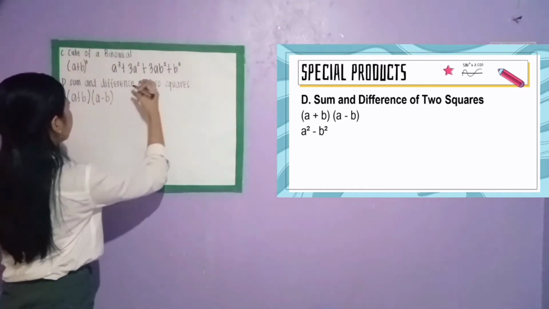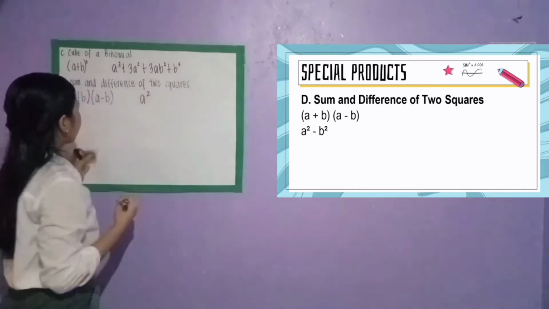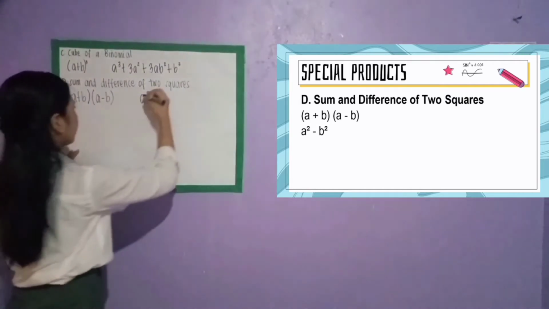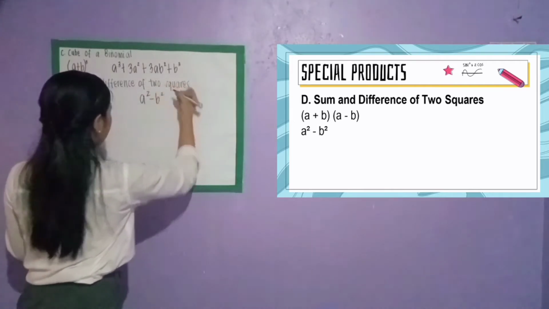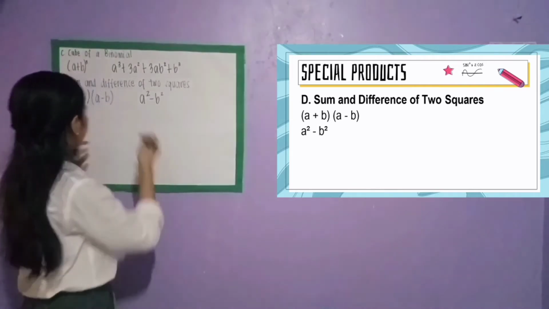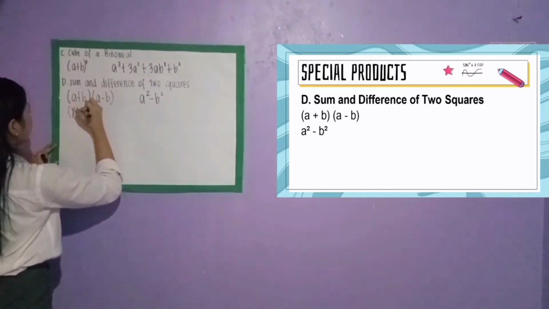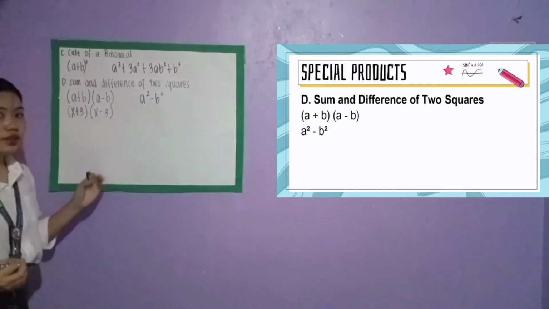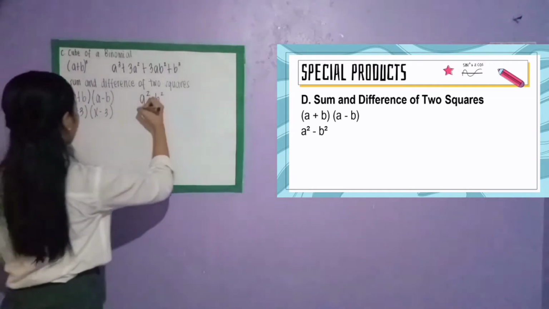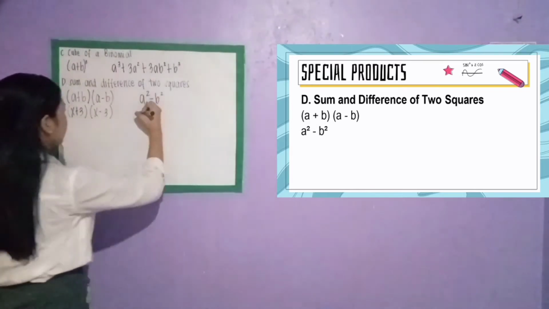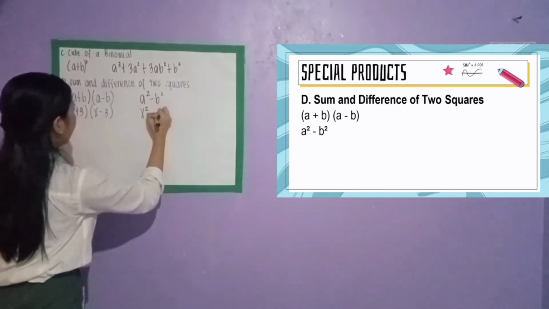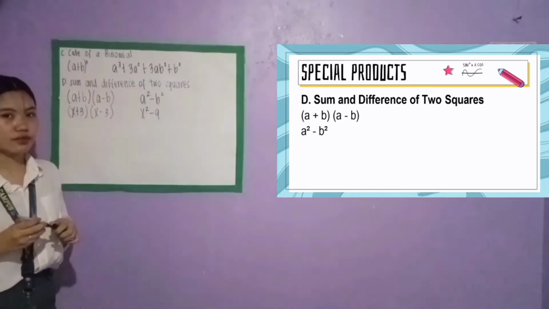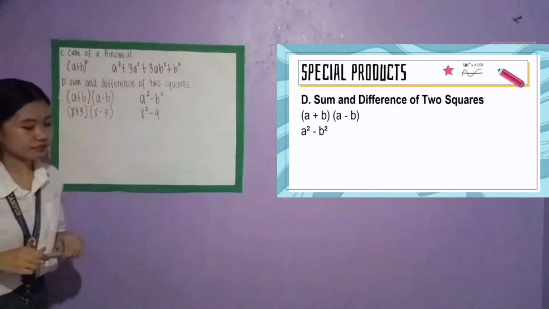To get the answer, square the first term, that would be a squared, minus the square of the second term, which is b squared. So that's it. So let's say x plus 3 times the quantity of x minus 3. So we need to square the first term. x times x is equal to x squared minus 9. So that's the final answer for this one.